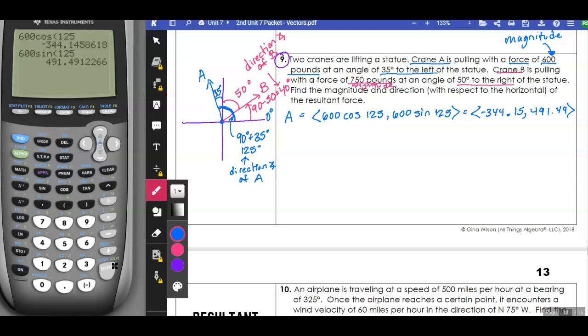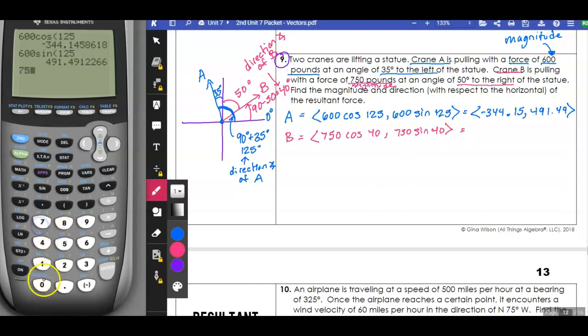And yes, Abby, that's how we would find B, exactly. So for B, the magnitude is 750 this time. Cosine of our direction angle, which is 40, comma, 750 sine of our direction 40.